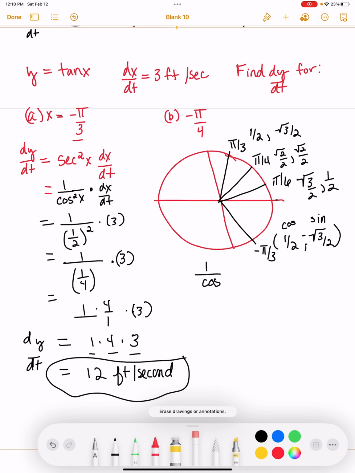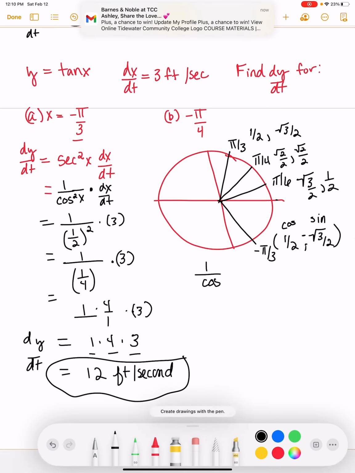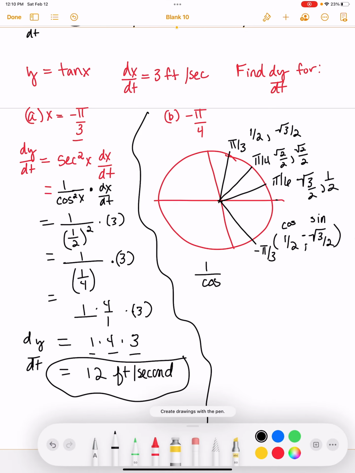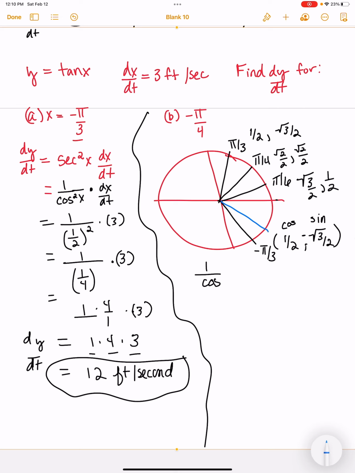Okay, so then let's look at negative pi over 4. So we're having the exact same, remember, negative pi over 4 is going to be right in here, right? And what is our pi over 4?